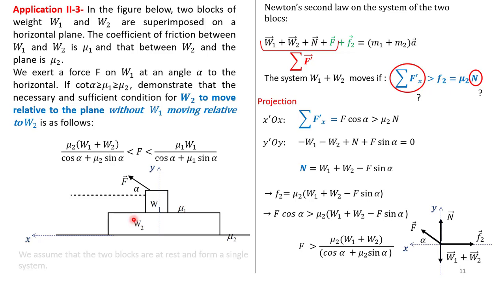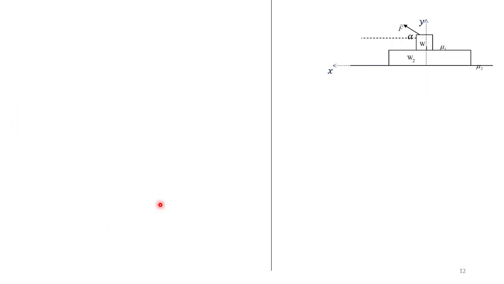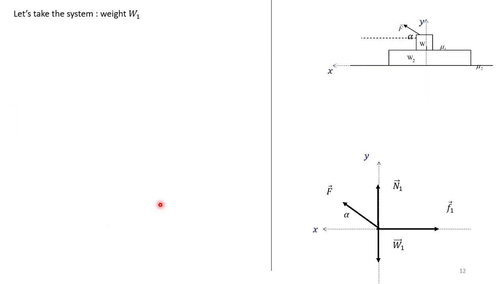That's why we have to use another system. The other system that we need to use is the block W1. So if we apply Newton's second law on W1, we can see that.